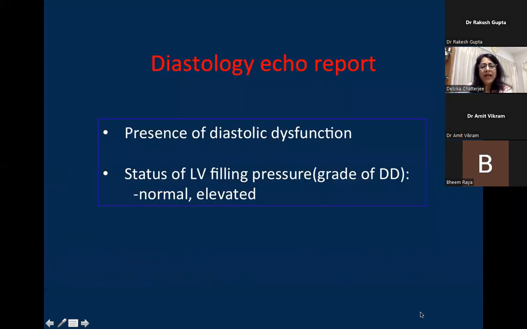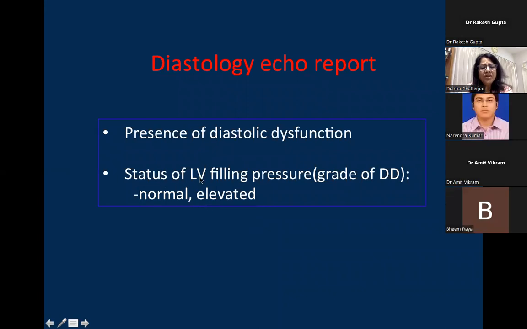So our diastology echo report should contain not only a line about the presence of diastolic dysfunction, we should also make a comment on the status of LV filling pressure, whether it's normal or elevated, because that's the way we grade the diastolic dysfunction.